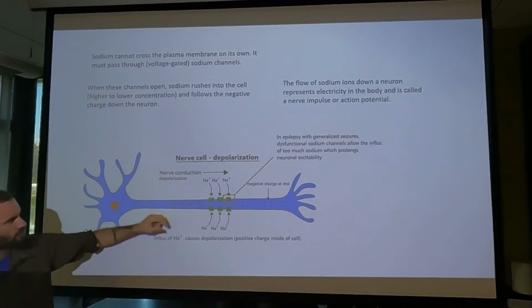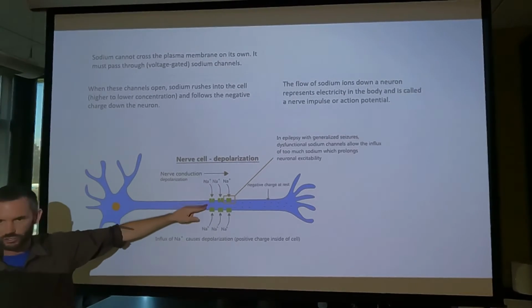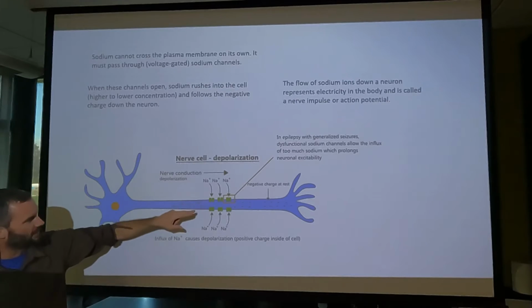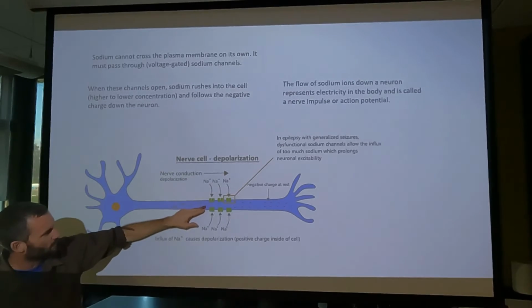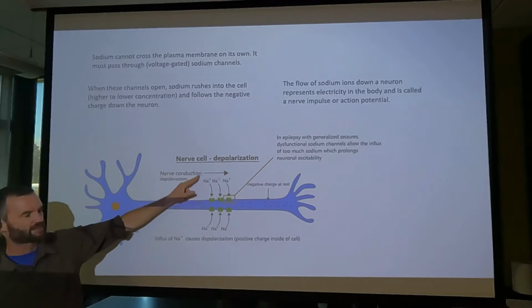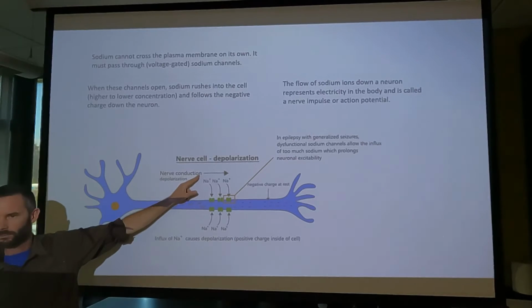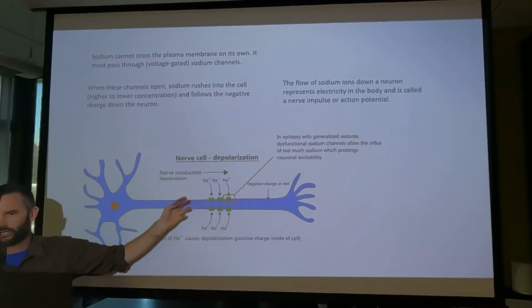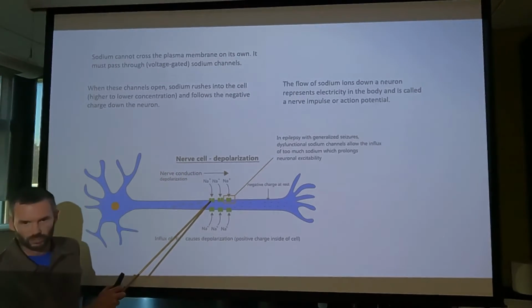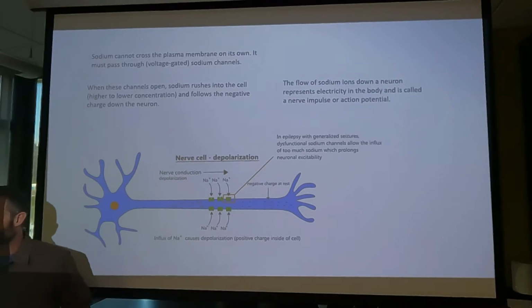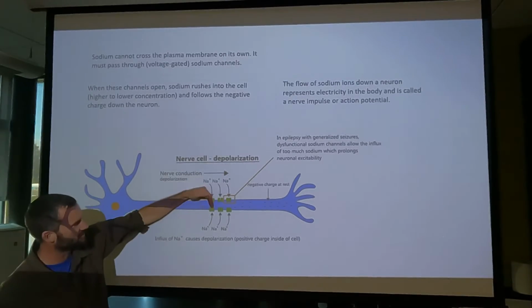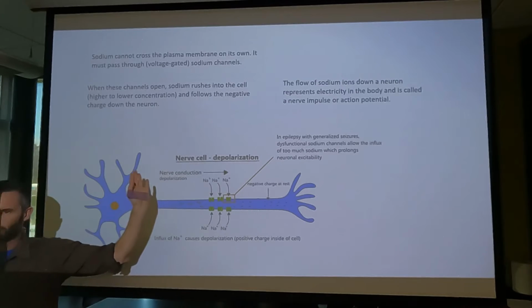Is sodium going to rush from an area of high to low concentration, or is it going to move from an area of low concentration inside the cell and move out? So the question is, given the opportunity, meaning these sodium channels open, which way is sodium going to move? Is it going to move into the cell or out of the cell?